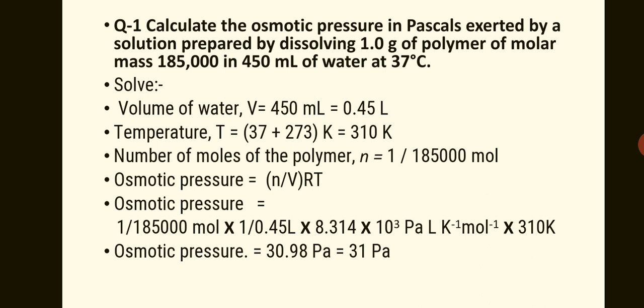Now the molar mass of the polymer given to you is 1,85,000. So the number of moles present in 1 gram of polymer will be 1 gram divided by the molar mass 1,85,000, so the number of moles is 1 upon 1,85,000 mole.